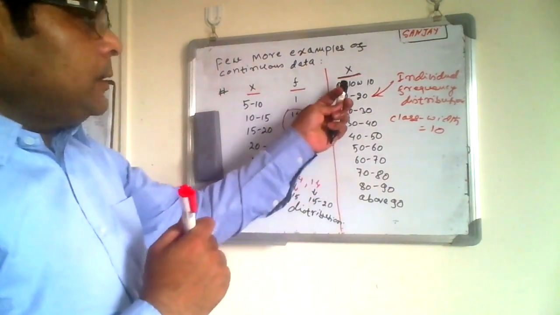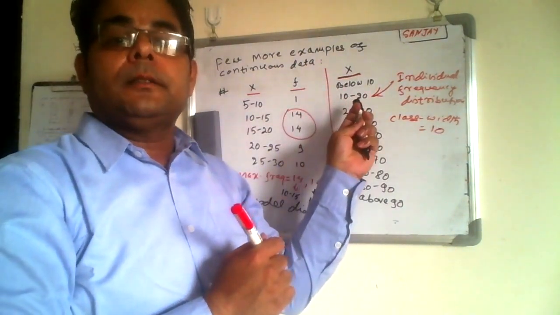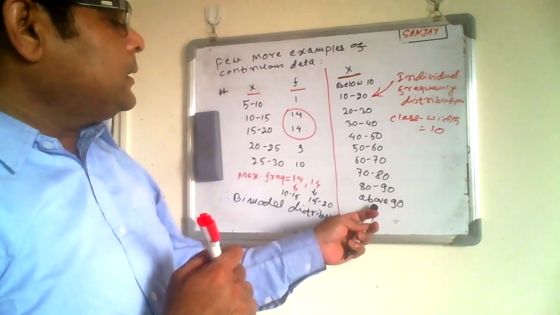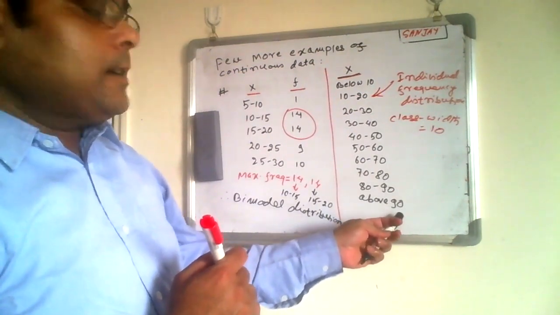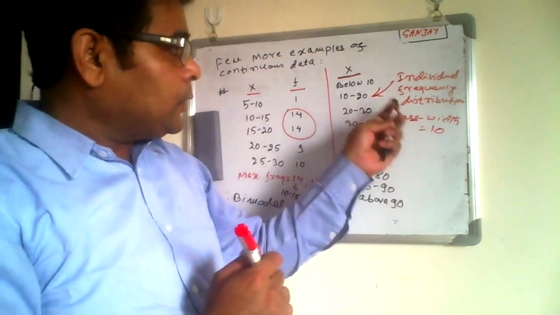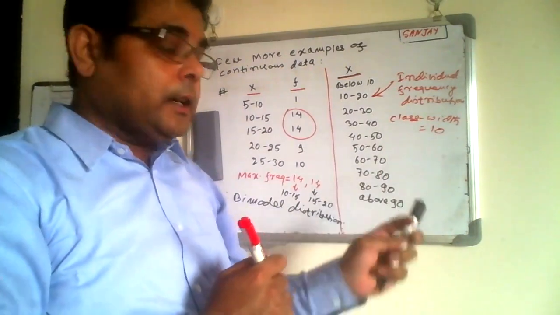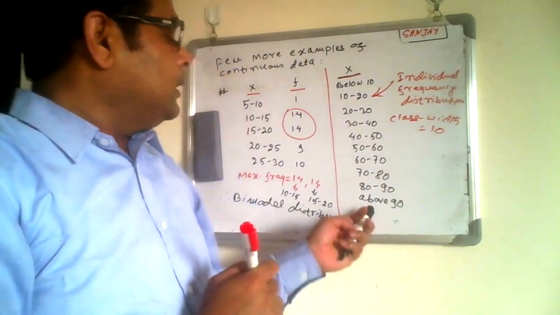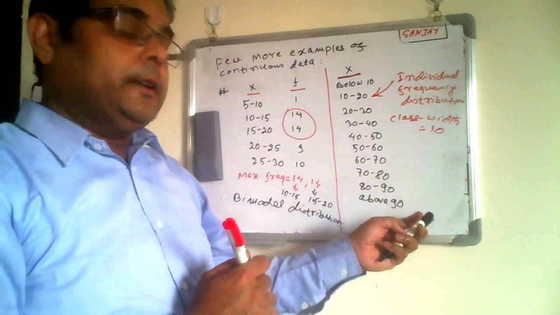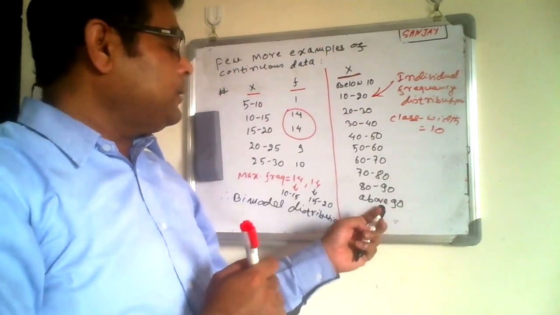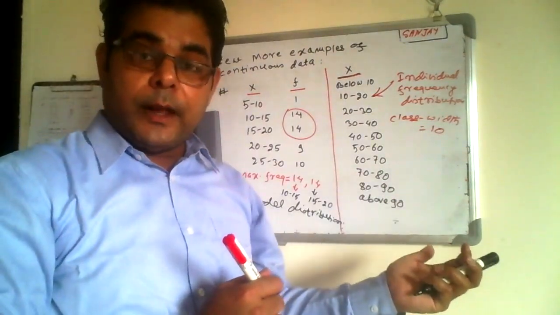That means its end point is not closed. And here also you can say that above 90, we can't say exactly, because of only this difference 10, that this is 10 to 100. No, it doesn't mean that only 10 to 100. It can be 90 to 100. It can be 90 to 9,000 as well.